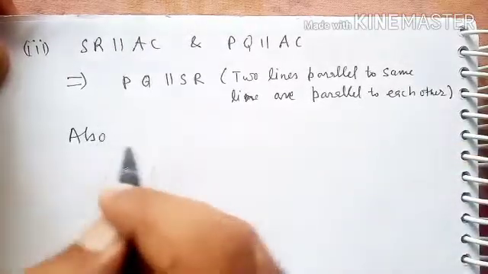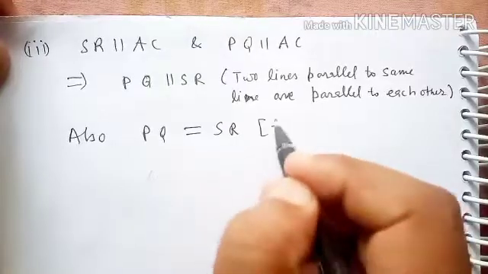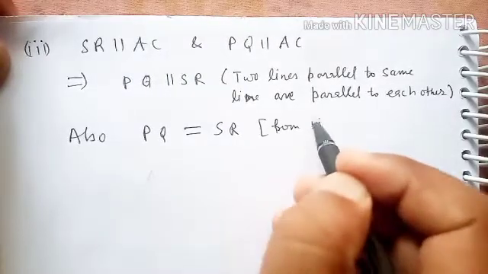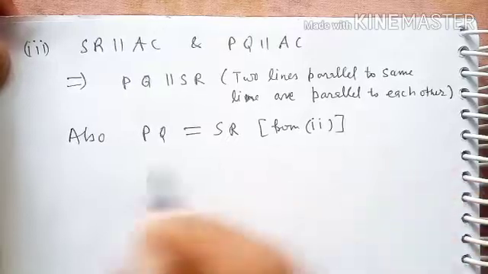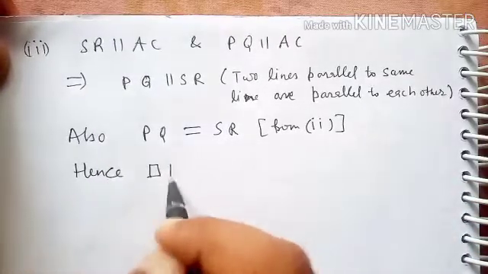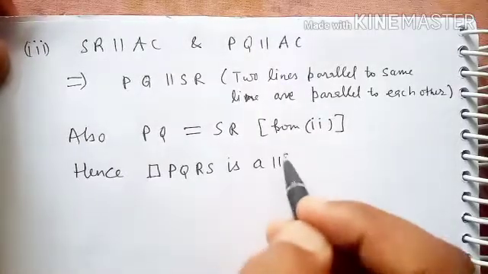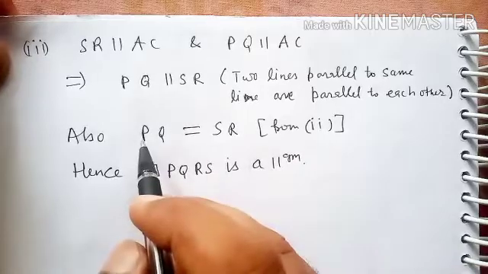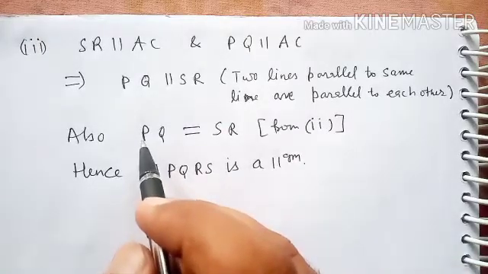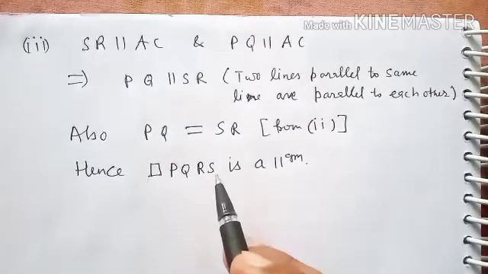Also PQ is equal to SR from second. Hence quadrilateral PQRS is a parallelogram. Here one pair of opposite sides is parallel and equal, that's why PQRS is a parallelogram.